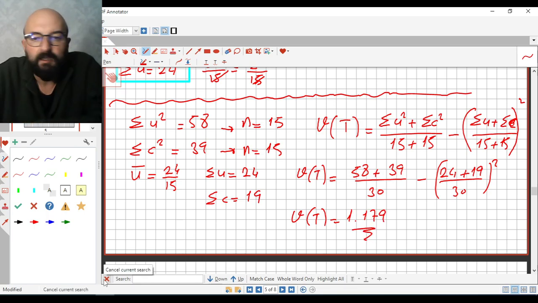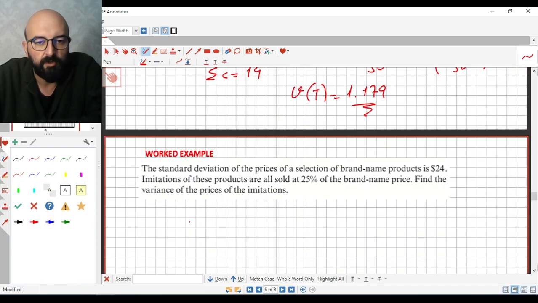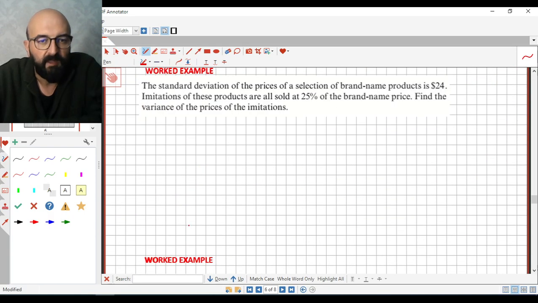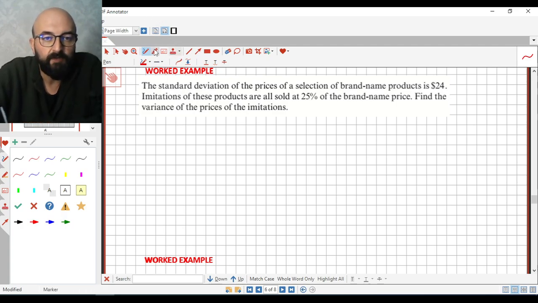Okay. And now I want to solve one more question. The standard deviation of the prices of a selection of brand name products is $24.